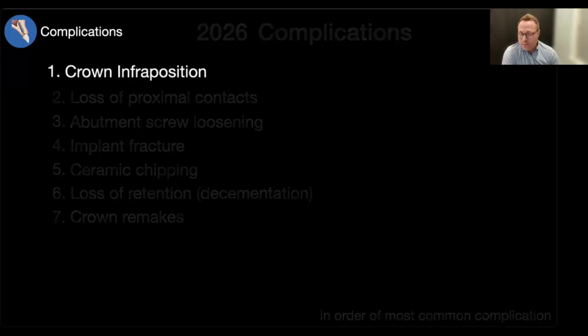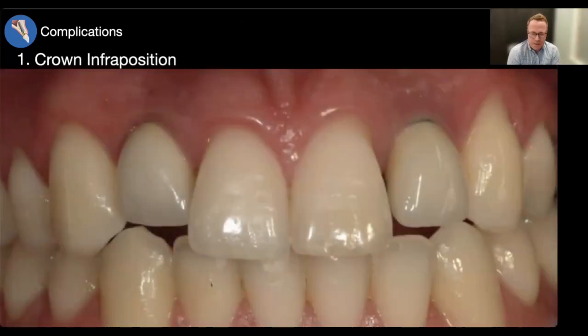So let's start with the first one, crown infraposition, which is the new number one, just barely, but still number one. This is a classic example. A patient is congenitally missing lateral incisors, in this case two, and implants were placed to replace those teeth, probably at a young age.